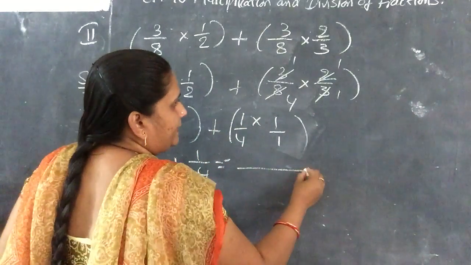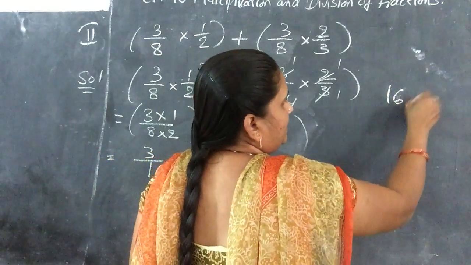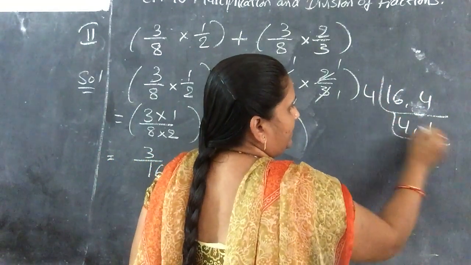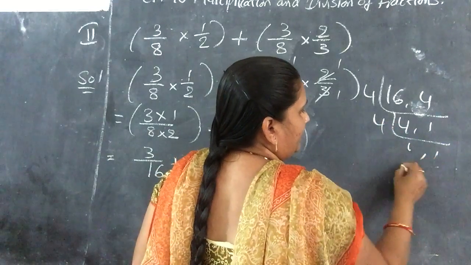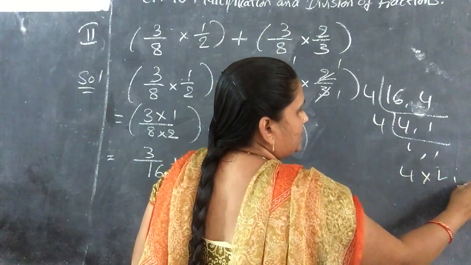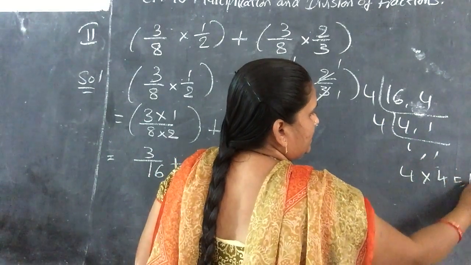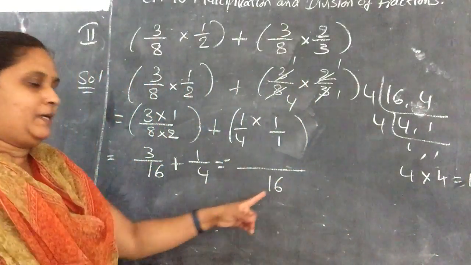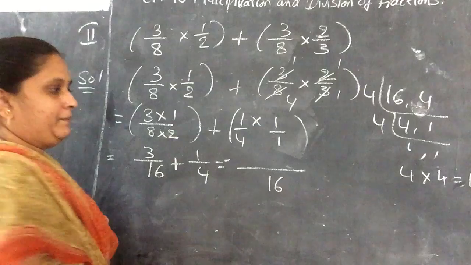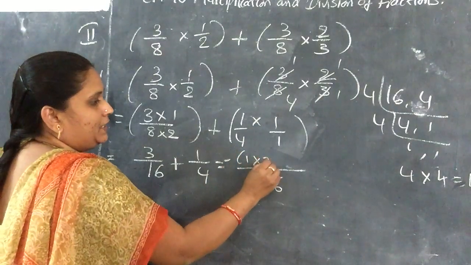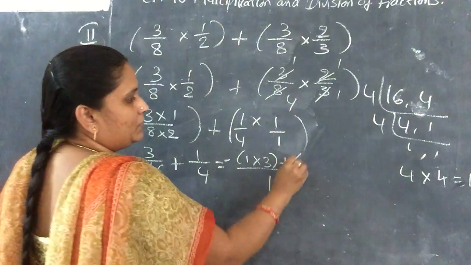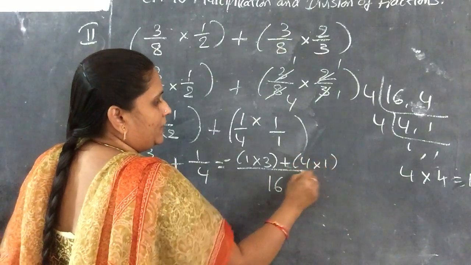Now take the LCM of 16 and 4. The LCM will be 16 only. 4 into 4 is equal to 16. So in 16 table, 16 multiply 1 time. So 1 into 3 plus, in 4 table, 16 multiply 4 times, 4 into 1.